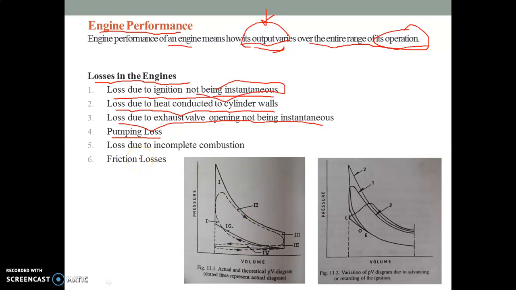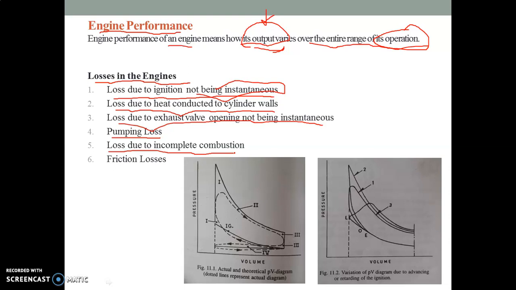Now we will discuss the fifth loss, which is due to incomplete combustion. In theoretical calculations, it is assumed that fuel undergoes complete combustion in the cylinder to form carbon dioxide and water, H2O.